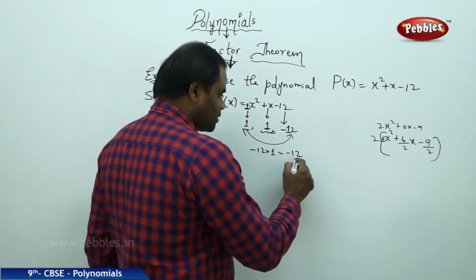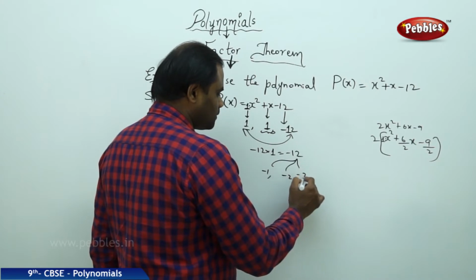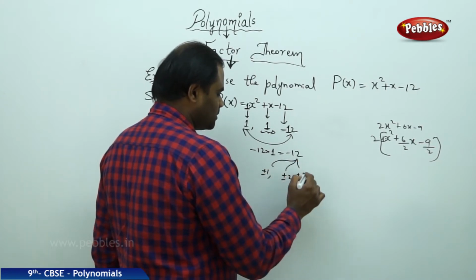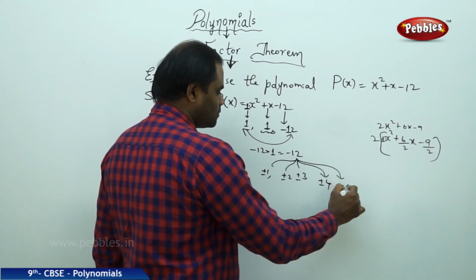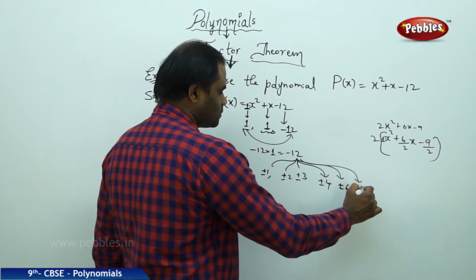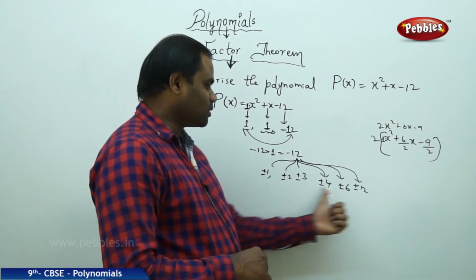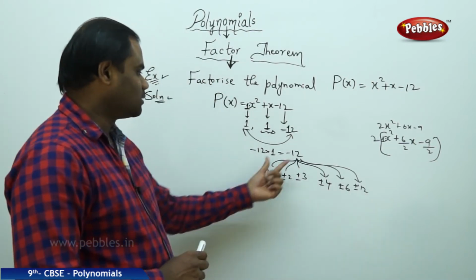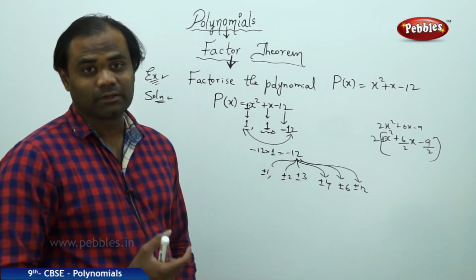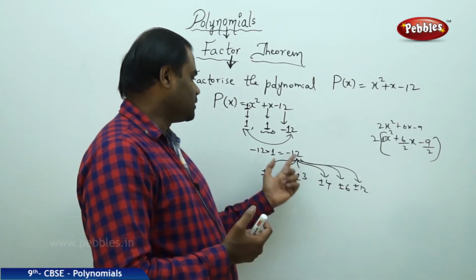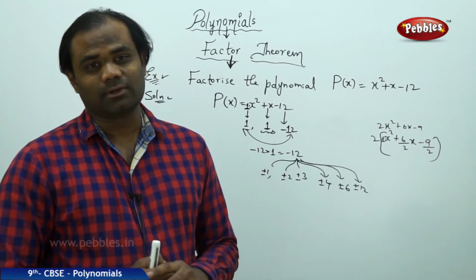Now the possible factors of minus 12 are plus or minus 1, because 1 is a factor of 12, 2 is a factor of 12 with plus and minus both, and 3 is a factor, 4 is a factor, 6 is a factor, and equally 12 is also a factor.